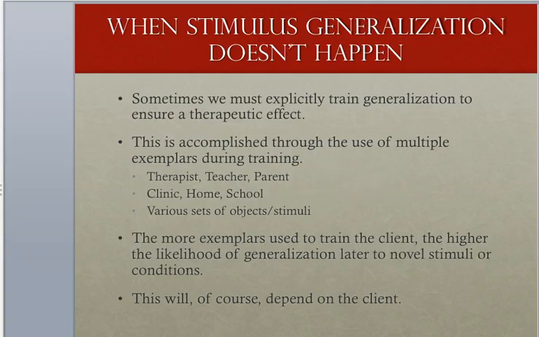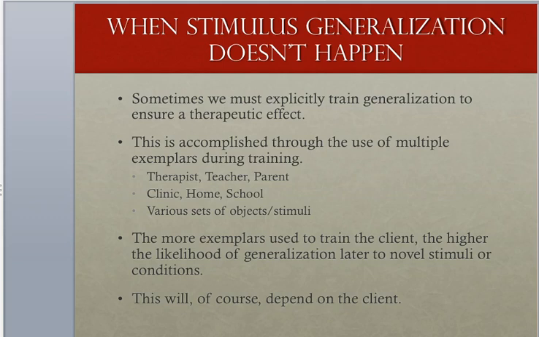Now, one of the issues that comes up when we're talking about stimulus generalization is what happens if it doesn't work? What happens when stimulus generalization doesn't actually happen? Sometimes we have to decide to train the individual how to generalize in order to ensure a therapeutic effect.